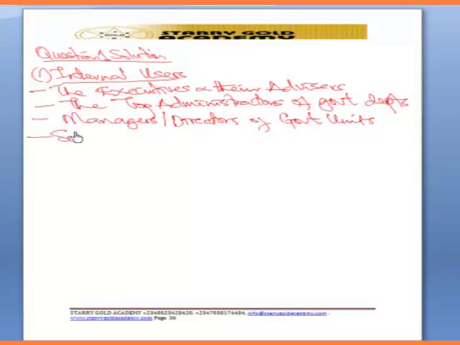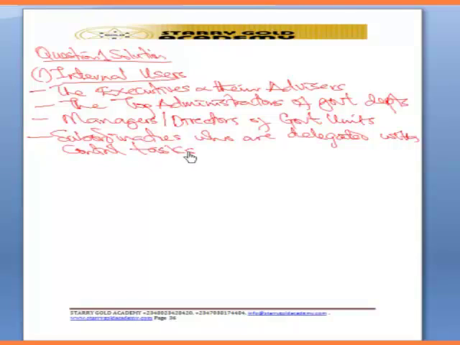We have the subordinates who are delegated with control tasks.